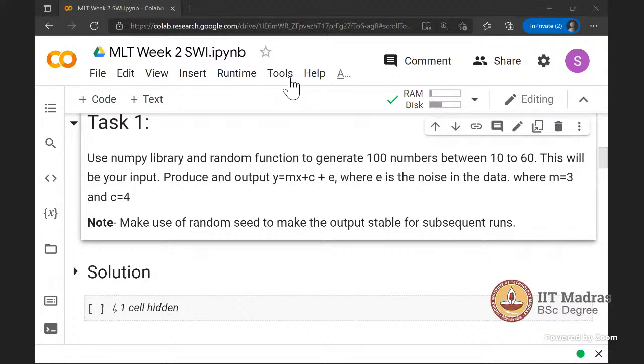Okay, input number is NumPy. There is one more solution from Sumit Kumar. Okay, Sumit, your answer is also very valid. We'll talk about it in a minute.